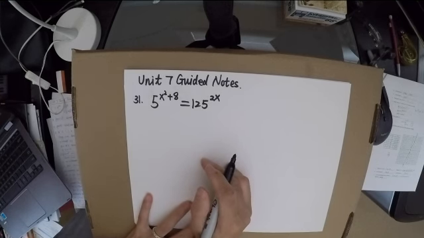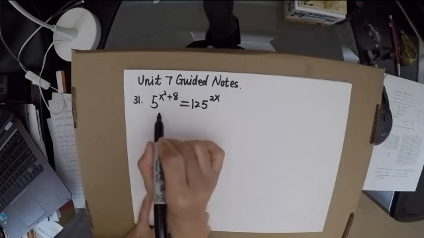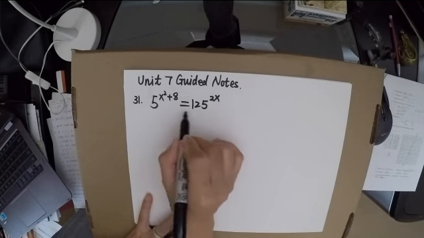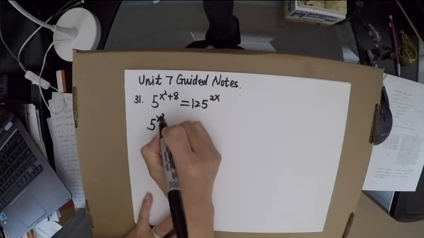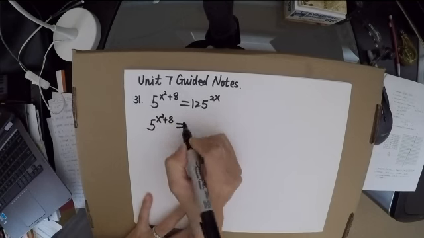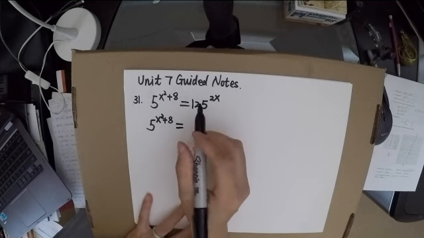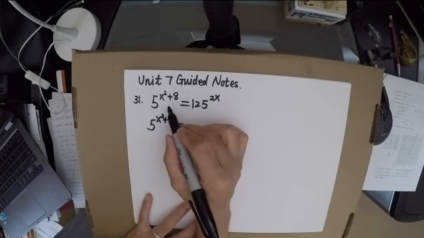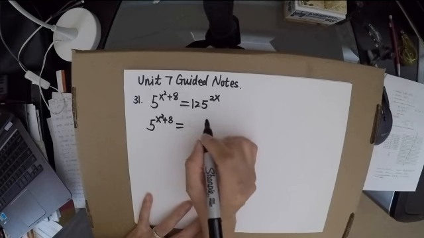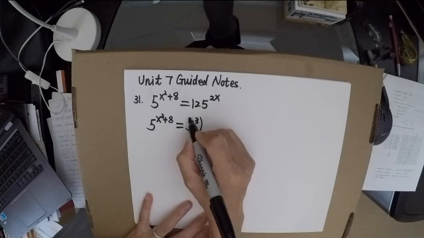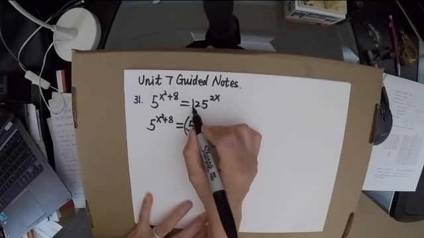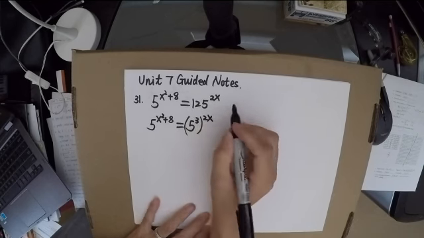And if you observe the left side and the right side, they have different bases. So the first thing you want to do is to convert into the same base. We can easily see that 125 is 5 cubed. 5 cubed equals 125, then 2x, okay?